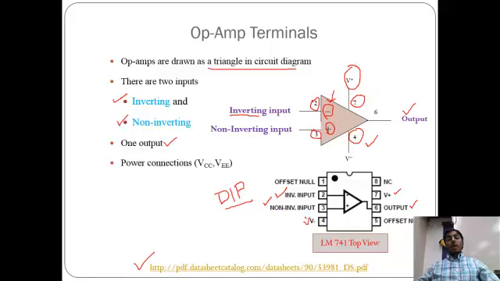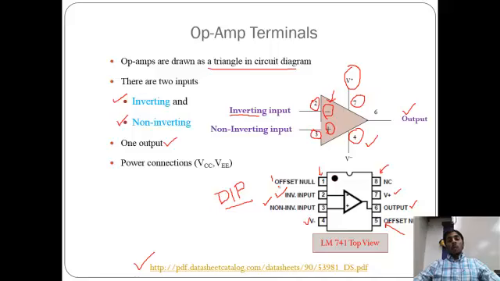And if you observe, there are some additional pins that I haven't commented on: pin number 1, pin number 8, and pin number 5. You can see pin number 1 and pin number 5 have the same name. It says offset null. Later on in our lecture, we will see what is meant by offset voltage, because any electric circuit will provide some error voltage irrespective of the temperature conditions, the input conditions, or the load.